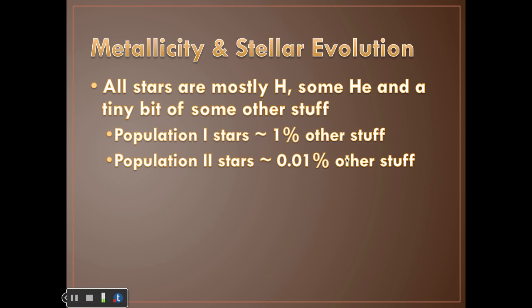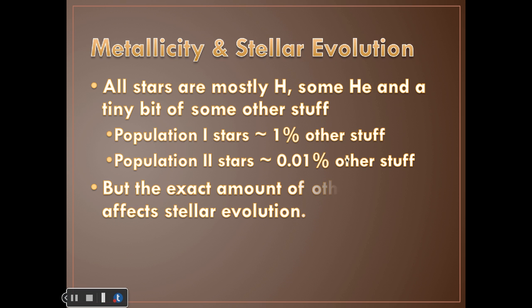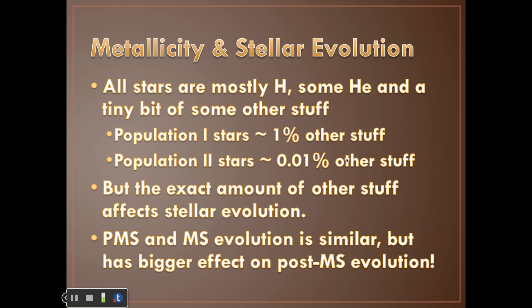And so they've got a lot less metals, and that's going to affect all sorts of things like energy flow and how these things evolve. It's the exact amount, and actually the proportions, that will affect how the stars evolve. For pre-main sequence and main sequence evolution, it tends to be fairly similar, although we'll talk about that in a second. But the bigger effect happens in the post-main sequence evolution.